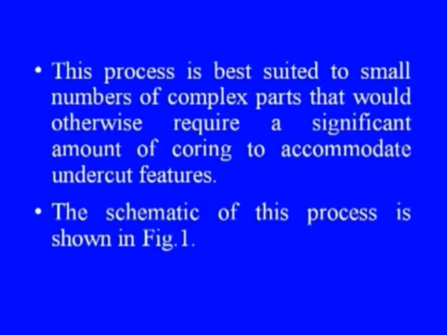This process is best suited to small numbers of complex parts that would otherwise require a significant amount of coding to accommodate undercut features. The schematic of this process is shown in the figure. The process is shown on the screen, the basic scheme of the thermojet process.